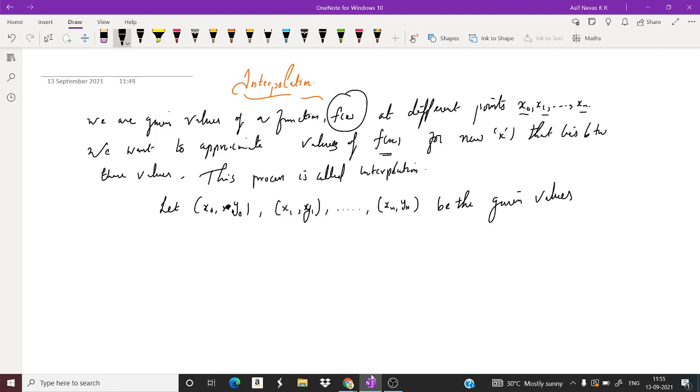So x naught y naught means y naught is f of x naught, and y1 is f of x1, etc. Yn is the value of f at xn.